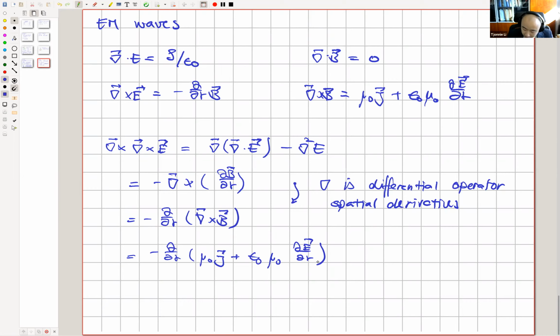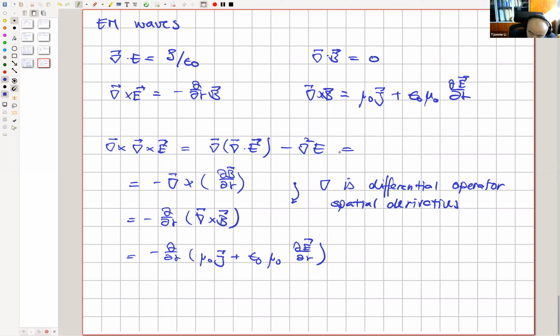Okay, so step by step, we're getting closer. We can, of course, also use substitution for this equation over here. Okay, so the divergence of E is simply given by rho over epsilon naught. So if I start on the other side, here, just put an equal sign here.